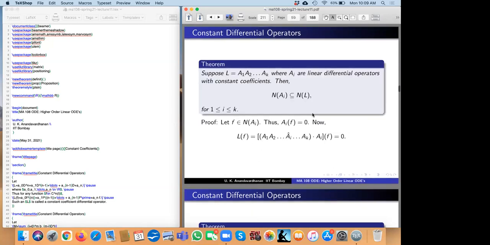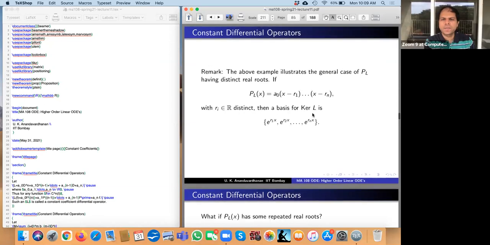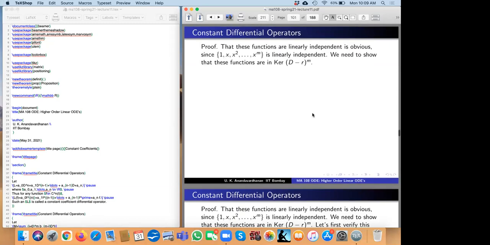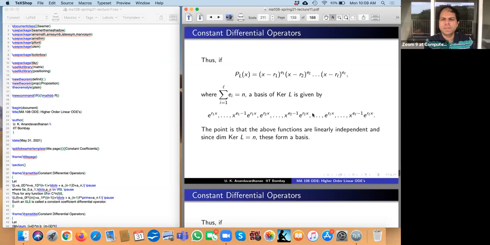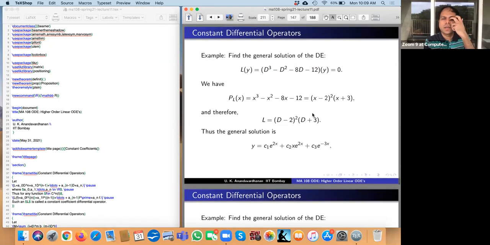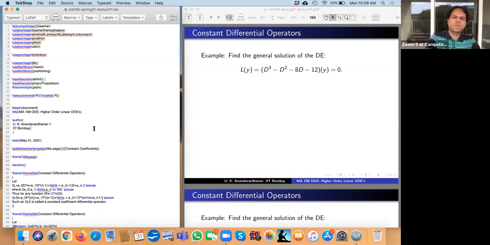Do you recall where the first typo was? That -12 to +12. After this, here, this page. This is the first typo. So let me search for "find the general solution".